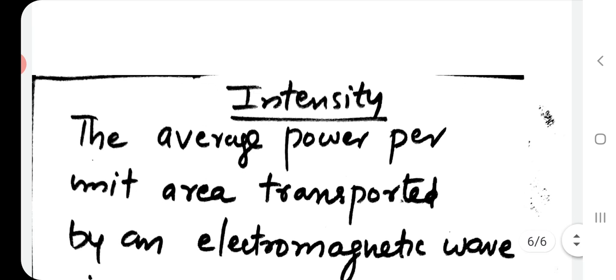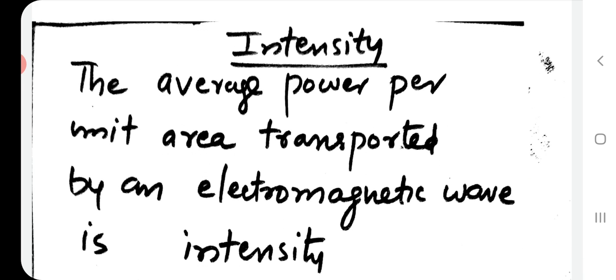Then we discuss the intensity. Intensity is the average power per unit area transported by an electromagnetic wave. We know the Poynting vector S is the energy per unit area per unit time.